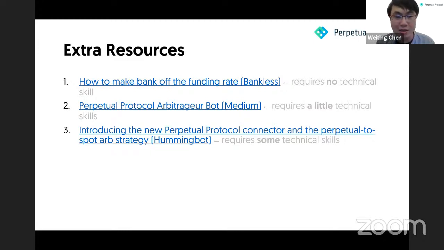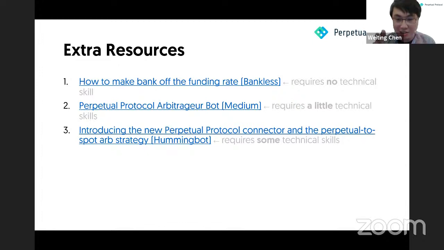The second one is a bot that we at Perpetual Protocol actually released, which we use to arbitrage between FTX and Perpetual Protocol. That requires a little bit of technical skill. If you know how to run the command line and have a little knowledge of AWS, you should be good to go. And the last thing is that we work with a company called Hummingbot.